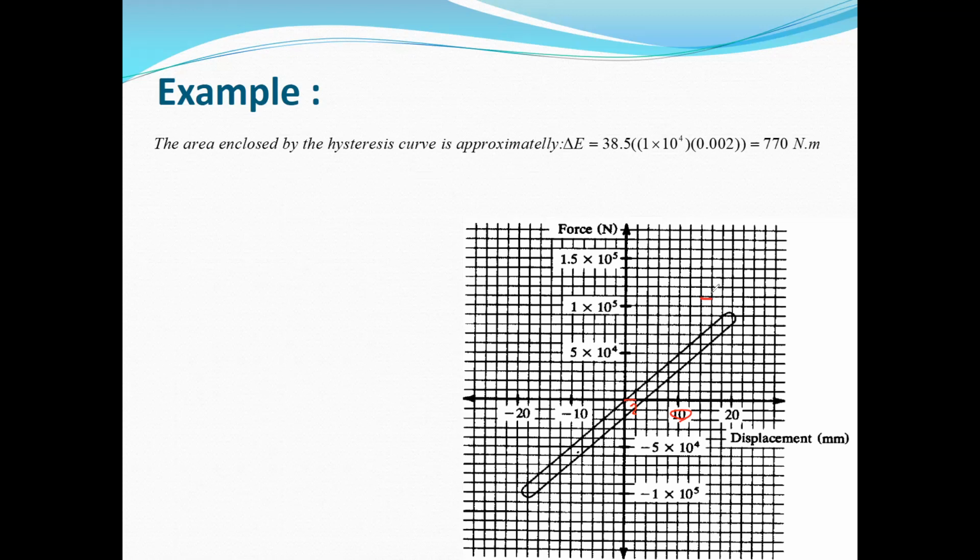The vertical edge of each square is 1 times 10 to the power of 4, or 10,000, or 10 kilonewton. So the area is 10,000 multiplied by 0.002 meters, times the number of squares, 38.5, and it's approximately 770 newton meter. This is an estimation for the energy dissipated in one cycle.